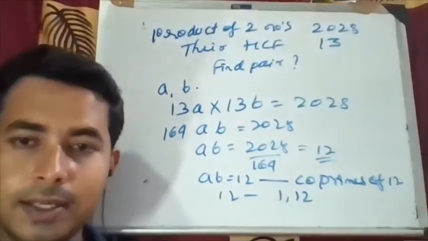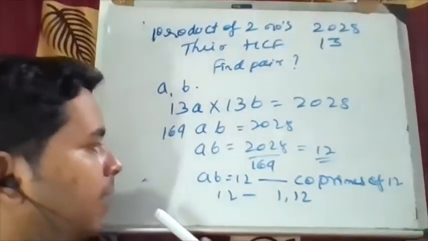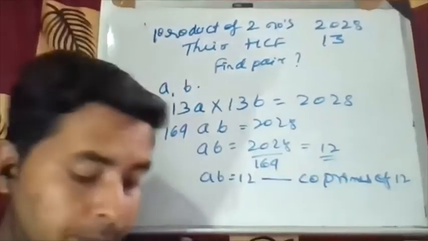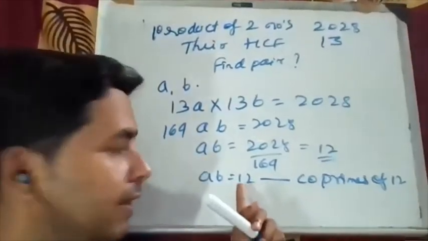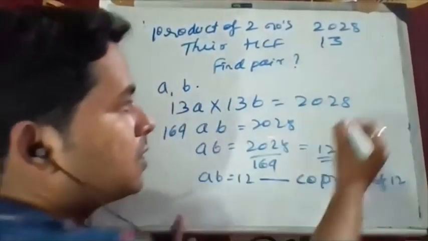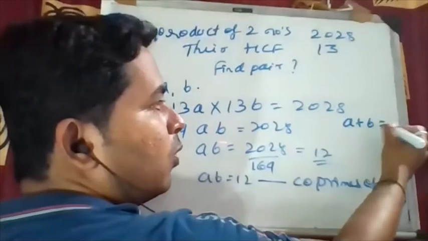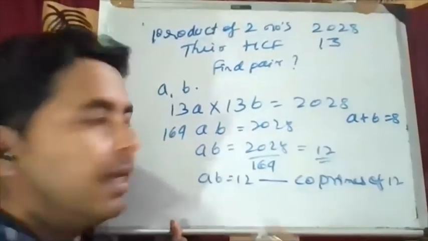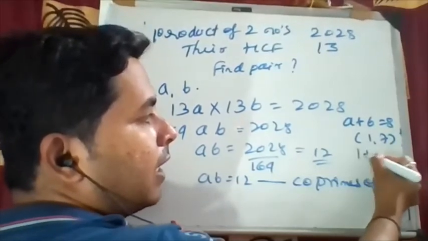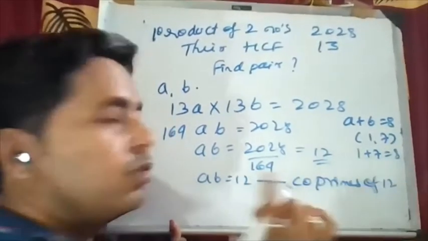So here, देखो, आप क्या कर रहे हैं इधर? Co-primes of 12 कर रहे हैं. This is the multiplying factor. In previous it was A plus B equal to 8 था, तो हमने क्या किया था? 1 and 7 को प्राइम था, तो हमने एडिशन किया था. If I add 1 plus 7, that should come to 8.